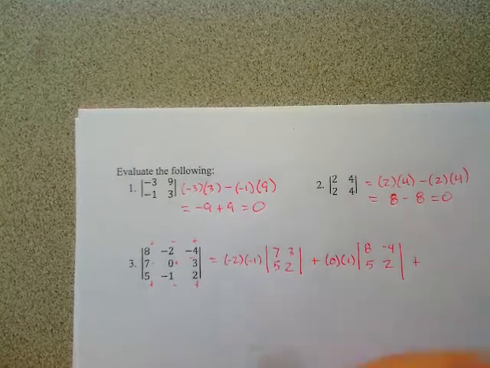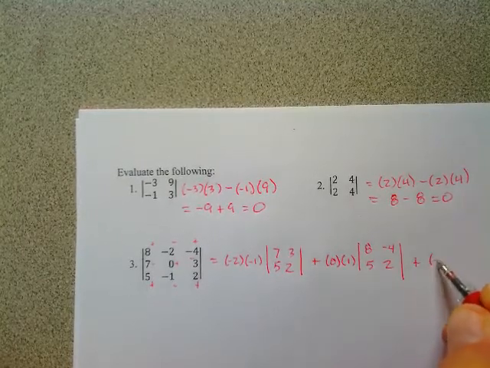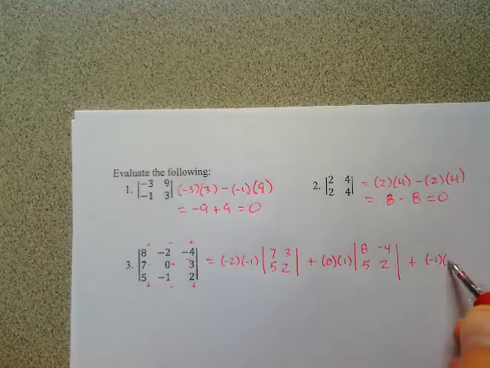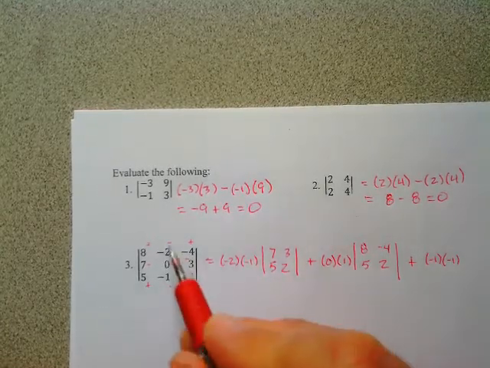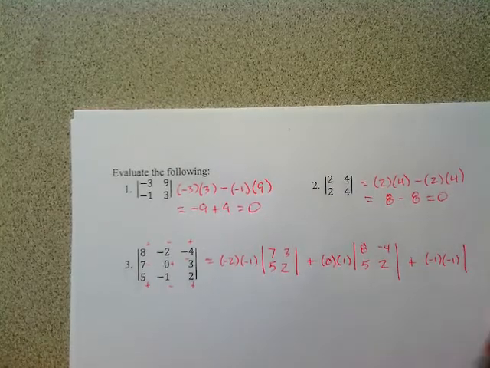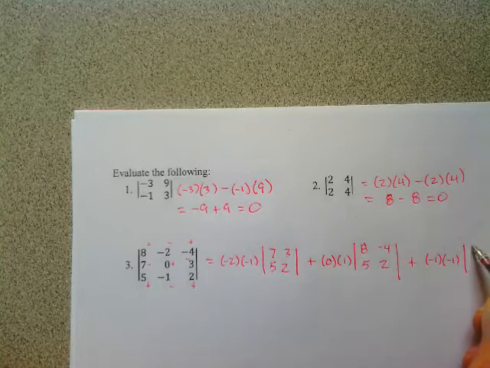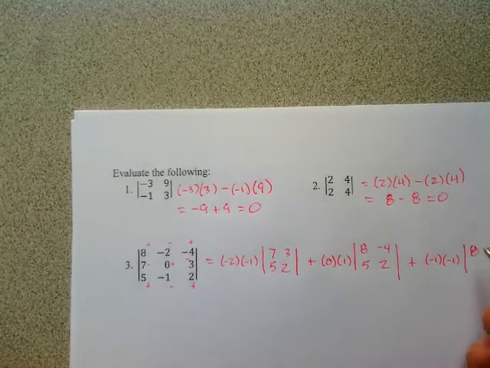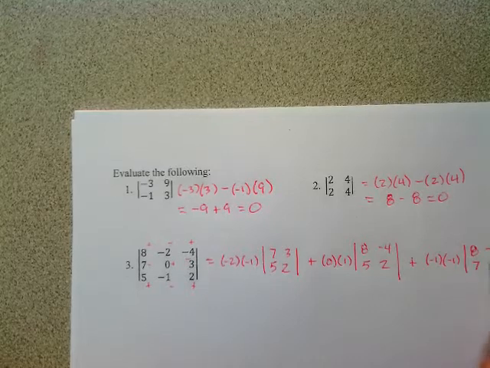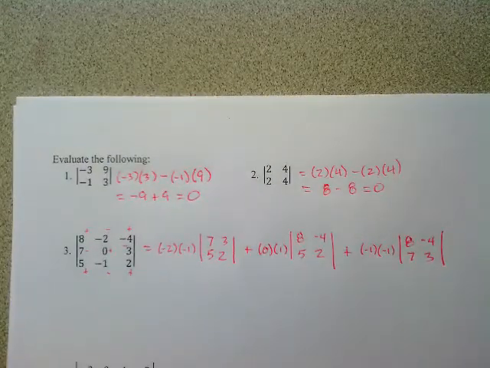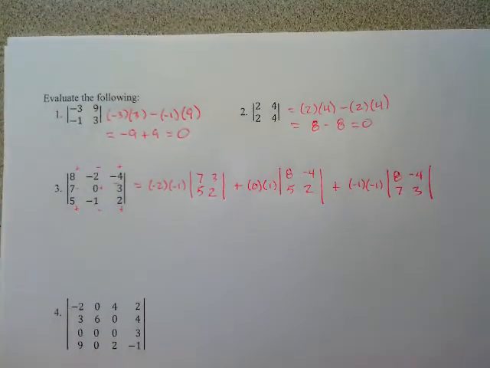And then the last one will be the negative 1, and that will be also times another negative 1 because it's in the minus, plus, minus position, and then the minor for this one will be 8, negative 4, and 7, 3. And so now I have set up my 3 minors.